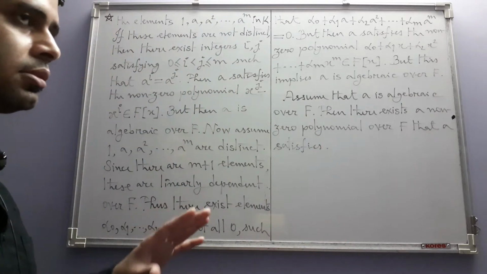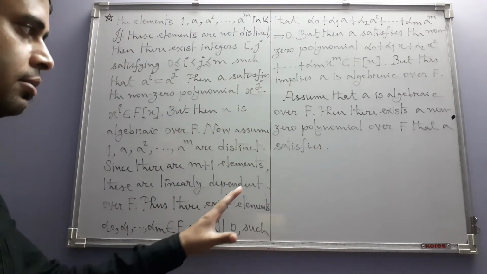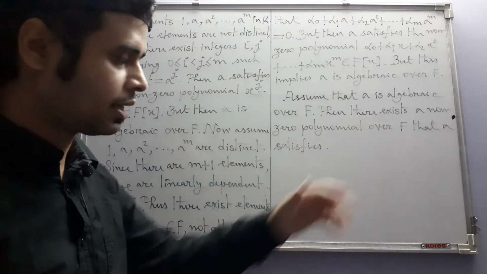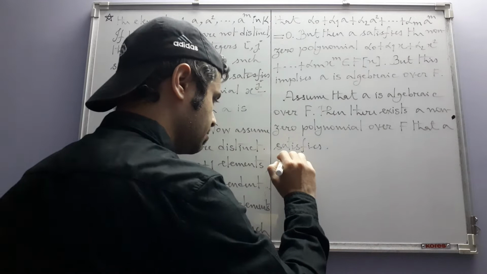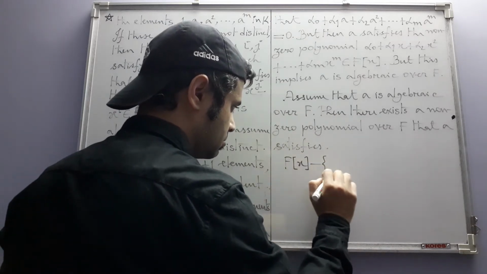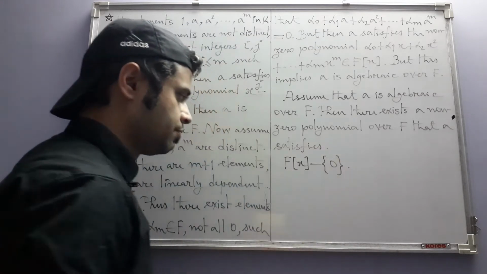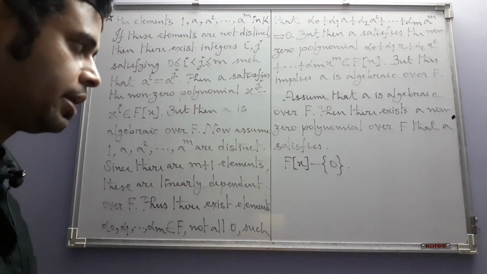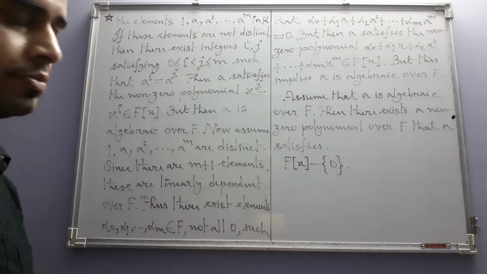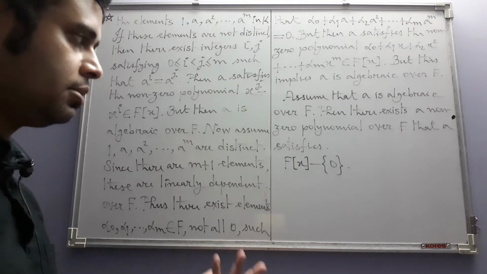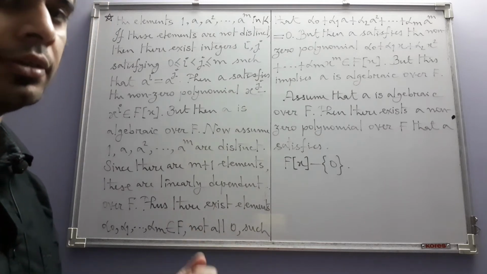So that means if we look at the set of all non-zero polynomials over F, then there are polynomials in this set that A satisfies, and since these are non-zero polynomials, each such polynomial has a degree.